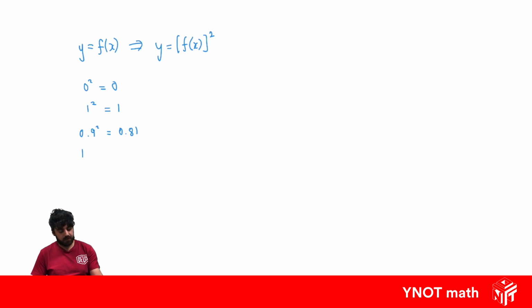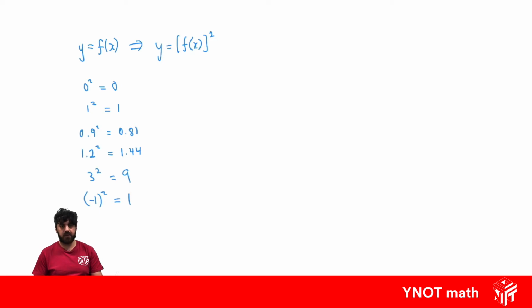Something a bit bigger than 1, 1.2 squared, is just going to be 1.44. So that's a value bigger than the original value, which makes sense because 3 squared is 9. So taking a value bigger than 1 and squaring it gives you an even bigger value. And obviously, squaring a negative number gives us a positive number.